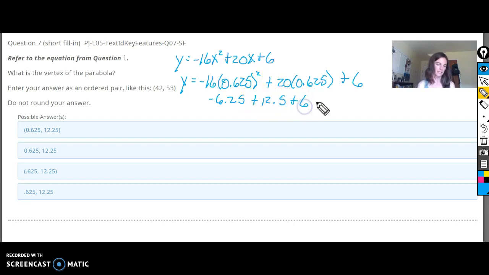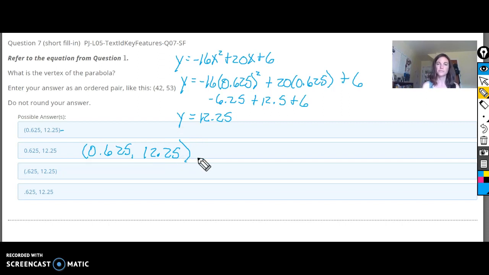And I've still got to add 6. Okay, so that exactly equals what we saw on that graph, y equals 12.25. So our ordered pair, or our coordinates, are 0.625, 12.25. That is the point where we reach the vertex, or the very top of the parabola.